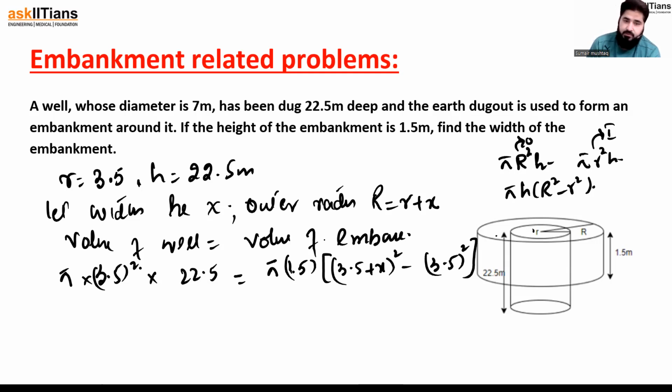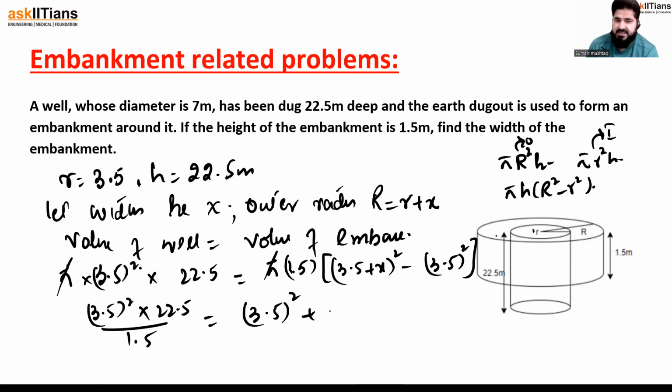Now pi and pi will be cancelled. After solving this thing, you can get it easily. This is equal to 3.5 whole square multiplied by 22.5 divided by 1.5. This thing is equal to 3.5 whole square plus x square minus 2 into 3.5 of x minus 3.5 whole square.